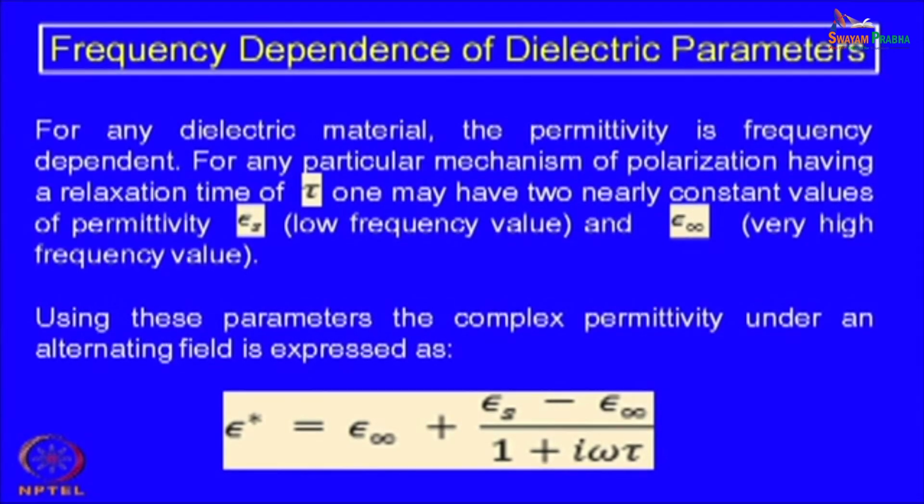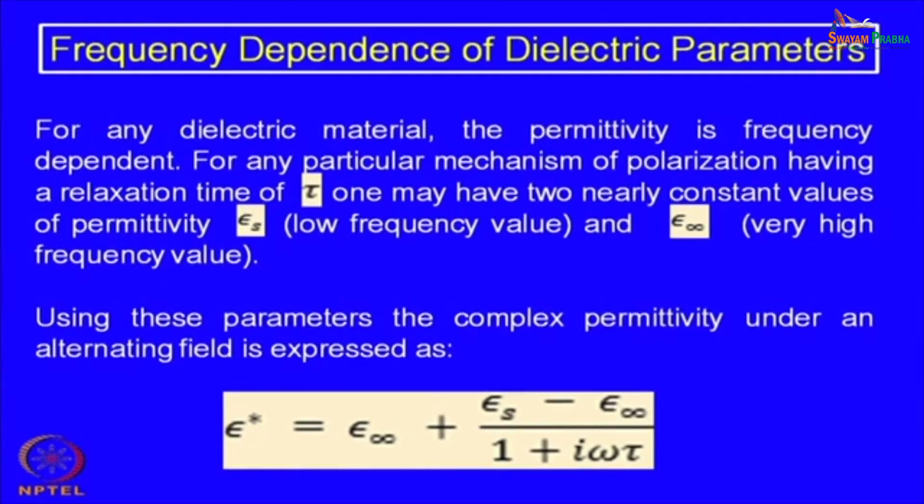For any particular mechanism of polarization having a relaxation time of tau, we have said earlier that for any process there is a time constant, the relaxation time, the characteristic time which it needs for displacements, because the charge is getting displaced from one point to the other. Time is necessary for that movement to take place.